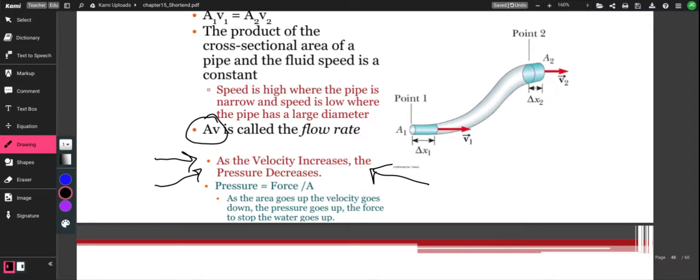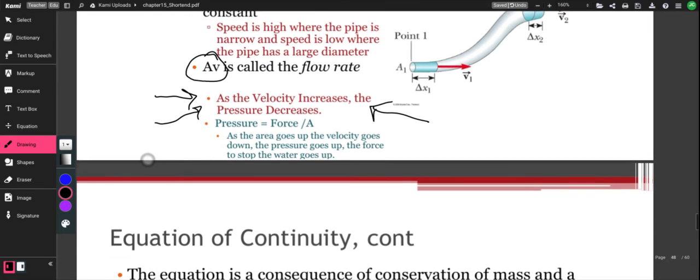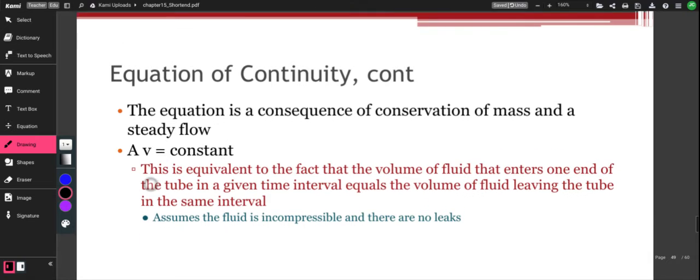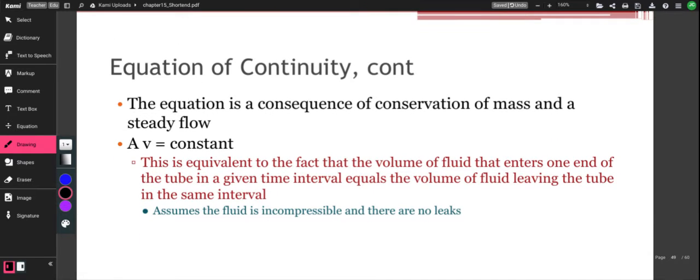Pressure is equal to force over area. We've talked about that before, and we're going to talk a little bit more about that. Velocity increases, pressure decreases as we move along. The consequence of the equation we had on the screen is that the mass flowing through any given portion of that pipe in any given period of time is the same.